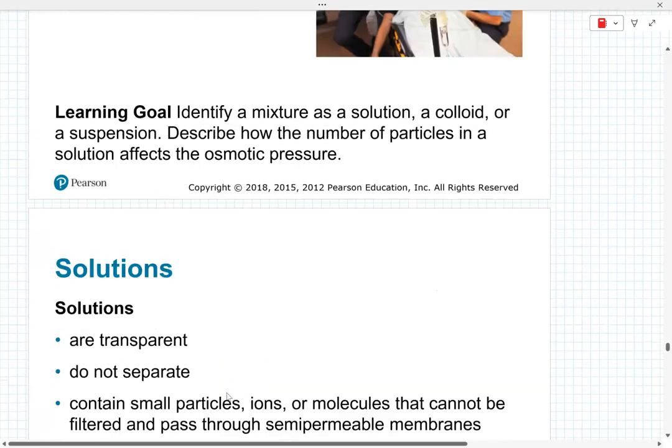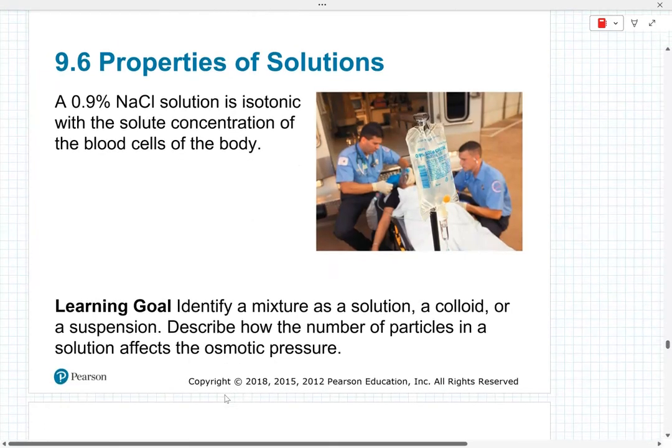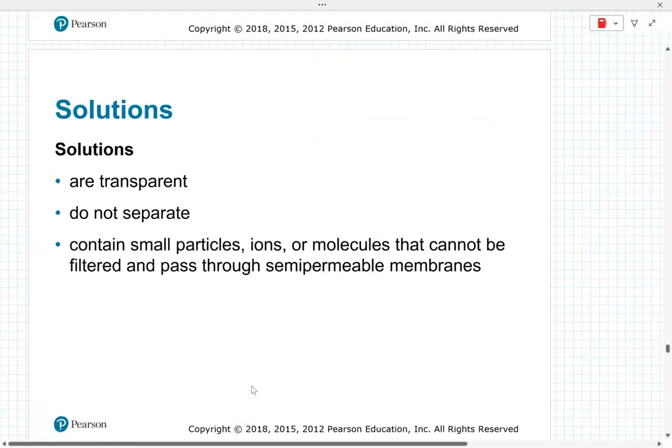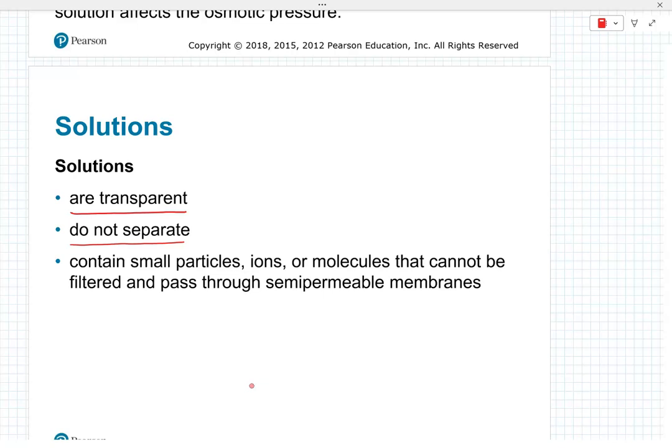So we're going to talk about these different types of mixtures from solutions to suspensions. Here are the properties of solutions that you must know. They are transparent, although they may be colored. They do not separate if you leave them alone. So if you leave sodium chloride solution alone and presumably it's not evaporating, it's going to stay unchanged without crystals.